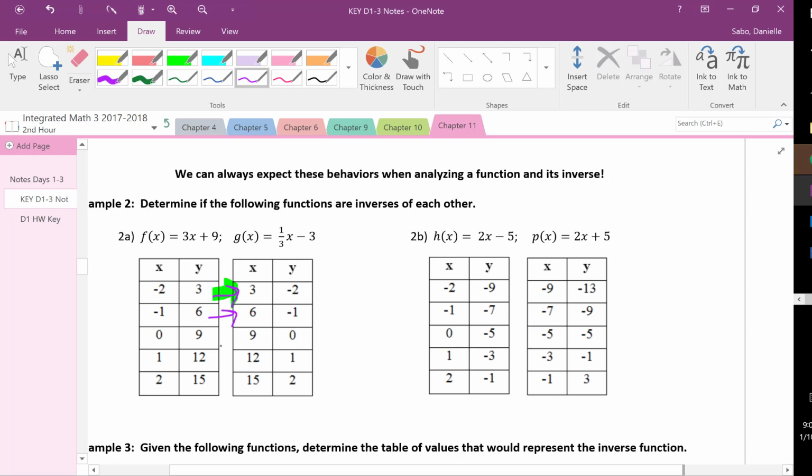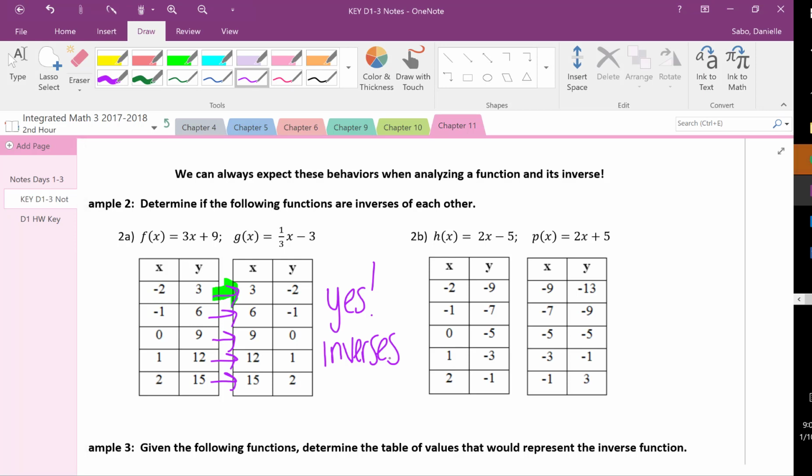Do these ones switch? And these, and these, and these. Do they all switch with each other? Do they all interchange with each other? Yes. So it is y equals x. It is an inverse. Because if all of the x's and all of the y's interchange with each other, they are inverses.